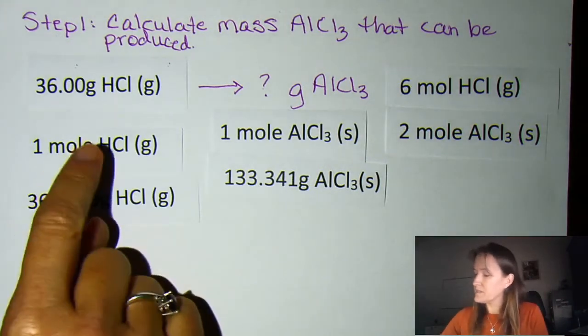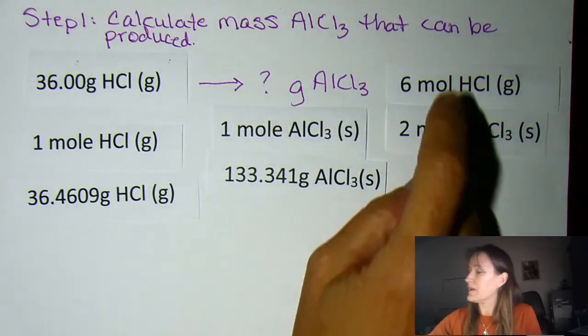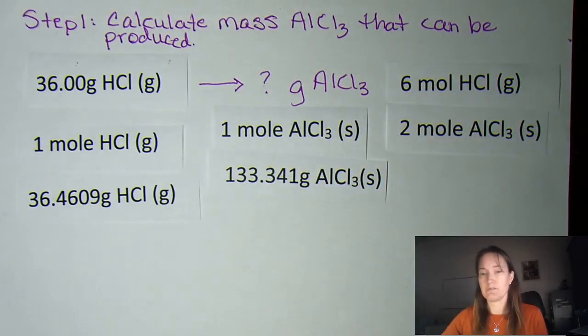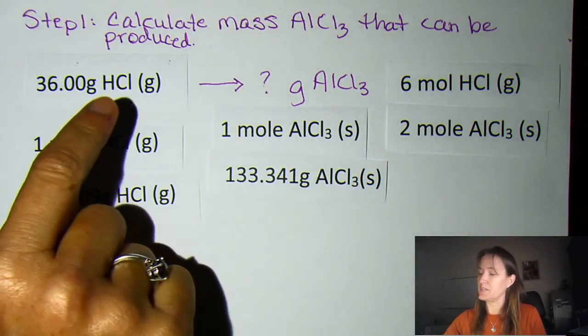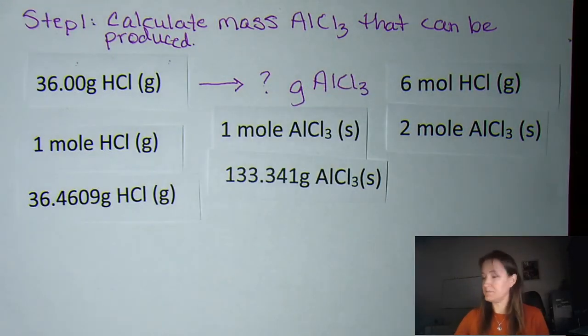So this is going to be one of our conversion factors. This here is going to be another conversion factor, and this one's going to be another conversion factor. These make up the steps of the stoichiometry calculation to get us from 36 grams of HCl and figure out how many grams of aluminum chloride we can make.